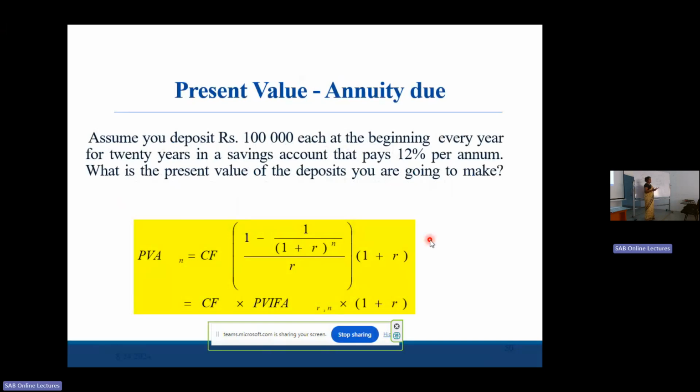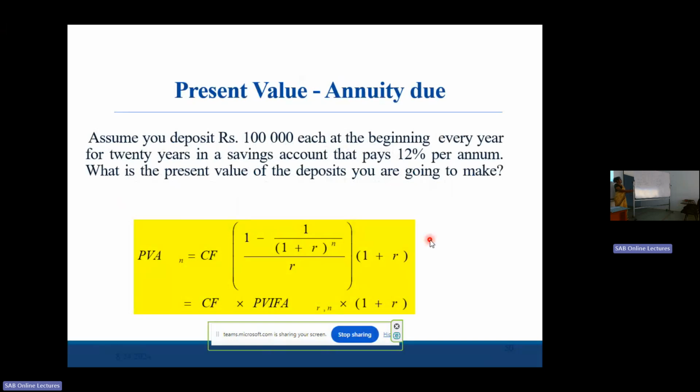So what you have to do, you can see here, is the formula for the annuity due present value. You can take the normal ordinary annuity factor, the present value annuity factor.